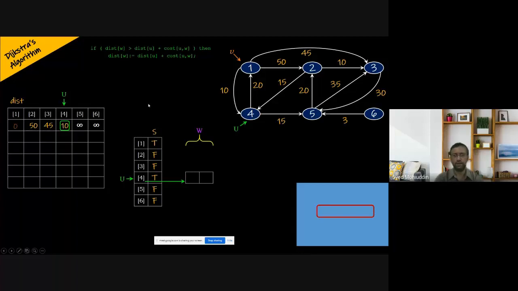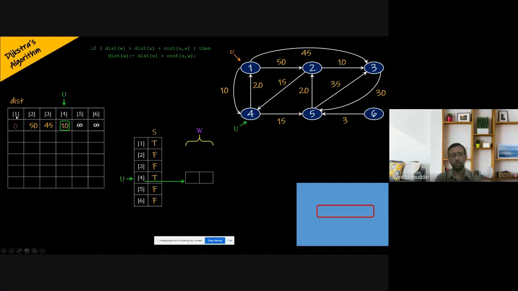Now the very first thing is, the S array is initialized with all the vertices as false. You can see true over here, but all are initialized as false initially. Then we have the initialization of the dist array, which will be initialized with the cost of the edges.